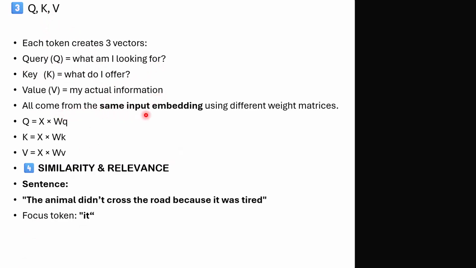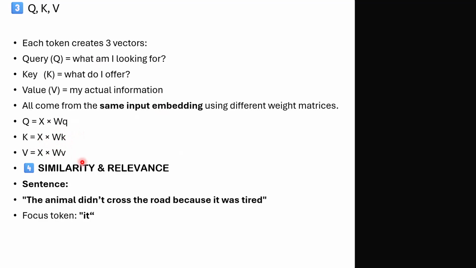All come from the same input embeddings using different weight matrices. So Q equals X times WQ, K equals X times WK, where W is the weight matrix, and V equals X times WV.